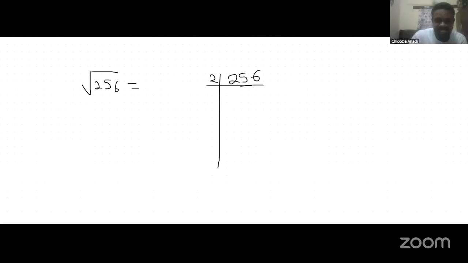2 in 2 will give us 1. 2 in 5 will give us 2, remainder 1. 2 in 16 will give us 8.